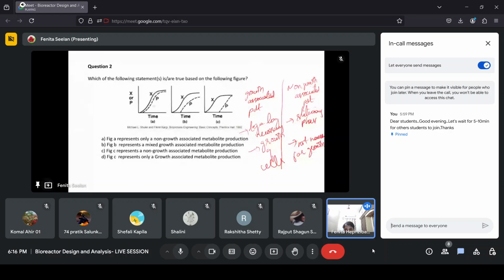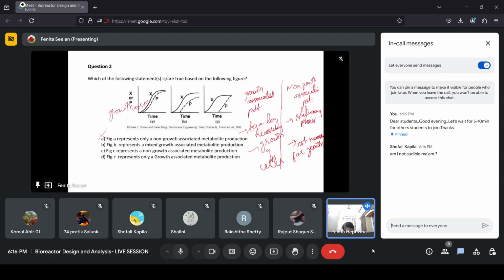So what does it say? This means that the product P is growth associated. Is there an option that says figure A represents non-growth associated? Okay, this option is wrong then, so this is not the answer.